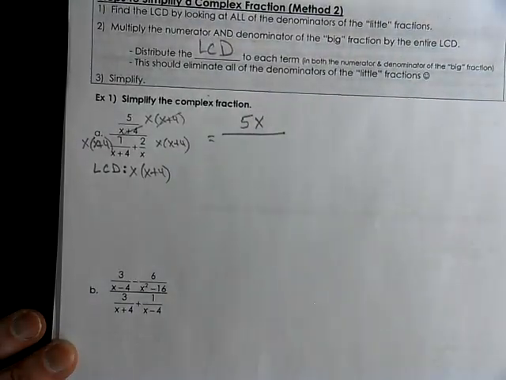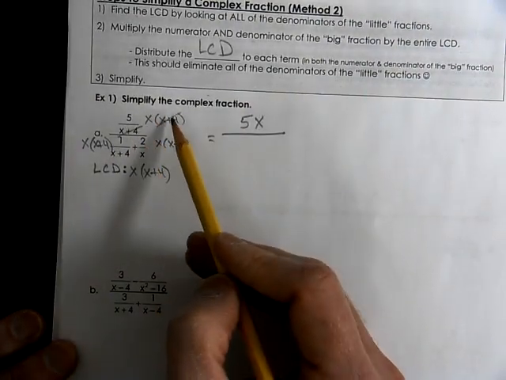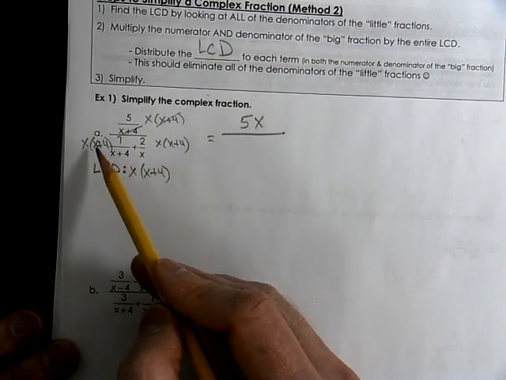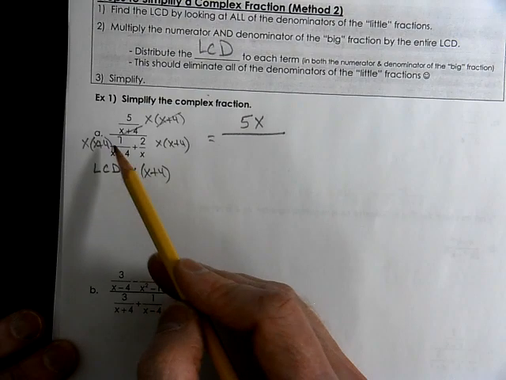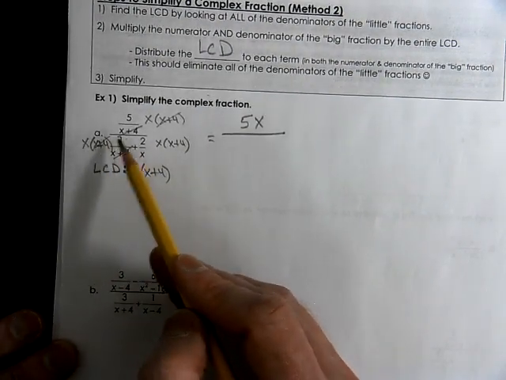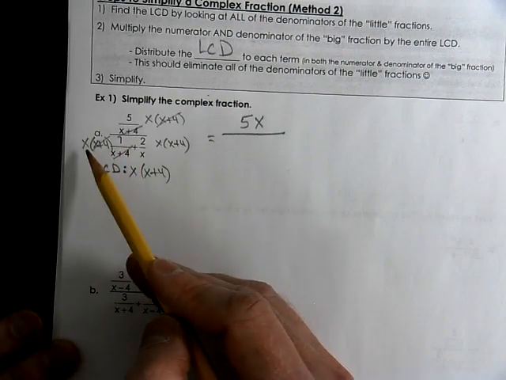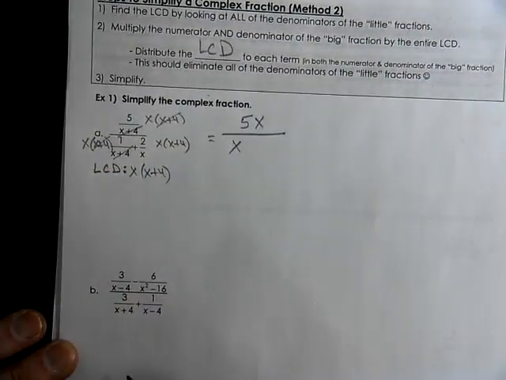Wow, that made life really easy. The denominators are gone of the numerator. Now we're going to come down here. What would reduce? X plus 4 would reduce. And what would we have left? X times 1, which is 1x, otherwise known as x.